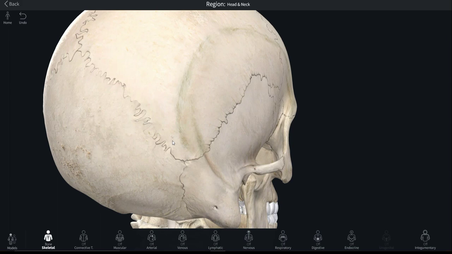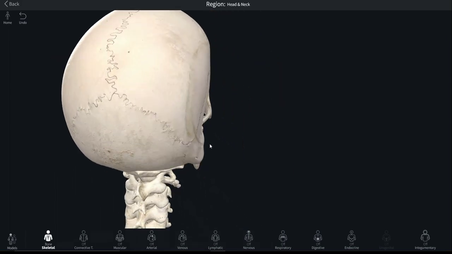So the asterion is actually overlying the sigmoid sinus. So that completes all the angles, all the borders, all the surfaces, all the articulations. And I feel like that also completes the parietal bone.